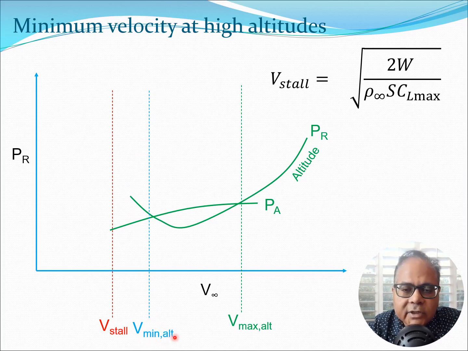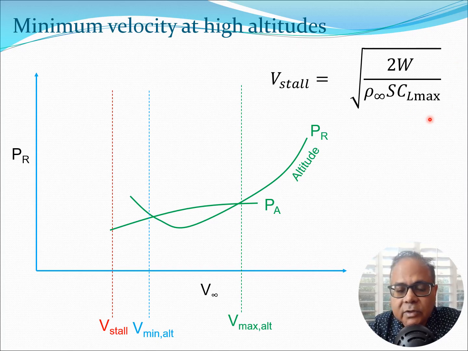Now, what can happen in some cases is that the stall speed may actually be lower than this particular Vmin alt speed. In that case, the lowest speed possible by the airplane would be dictated by the power required and power available curves rather than by the stall speed. Recall that in one of our previous lectures, we discussed V stall to be root of 2W by rho infinity S CL max.